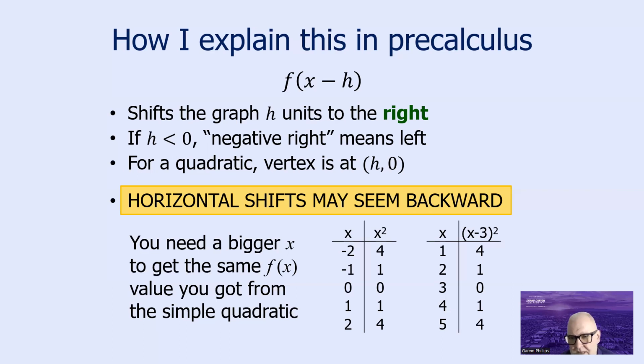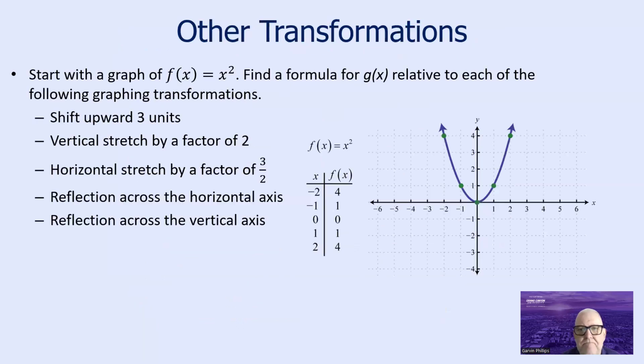Because this next one is x minus 3, to get my first step, if I plug in x equals 1, then 1 minus 3 is -2, and that would give me the 4. 2 minus 3 is going to give me -1, so that's how I get to that. 3 is going to get me my vertex. So I need a bigger x to get the same value that I got before for my y value.